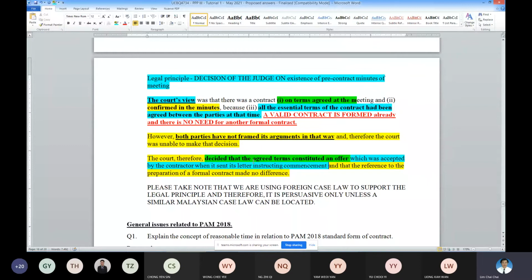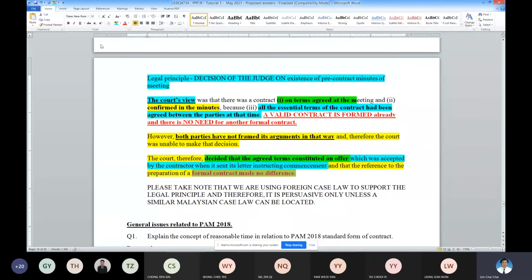So whether a contract is signed or not makes no difference. In order for minutes of meeting to be a contract, these other situations need to be complied with. But in this case, the judge's view is quite similar. So there is no need for a formal contract to be signed.